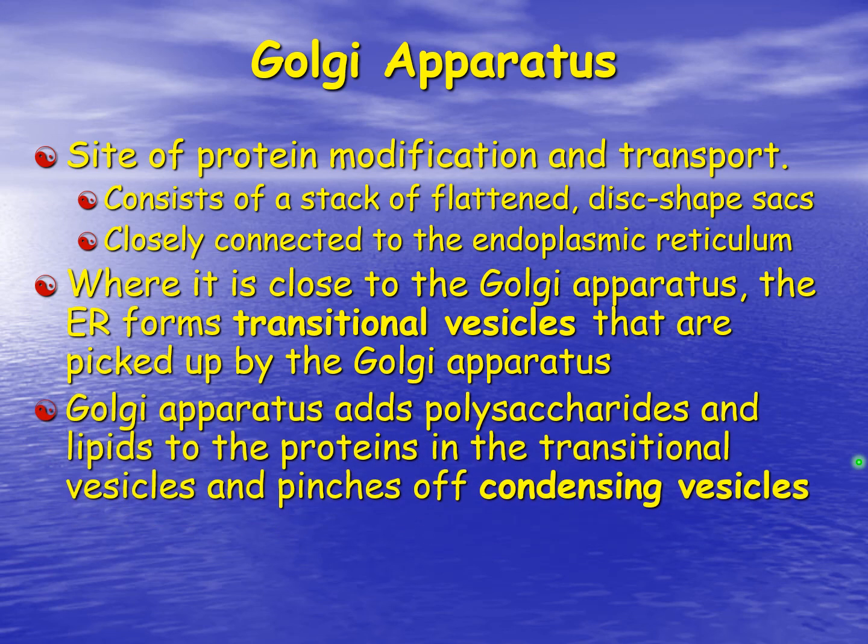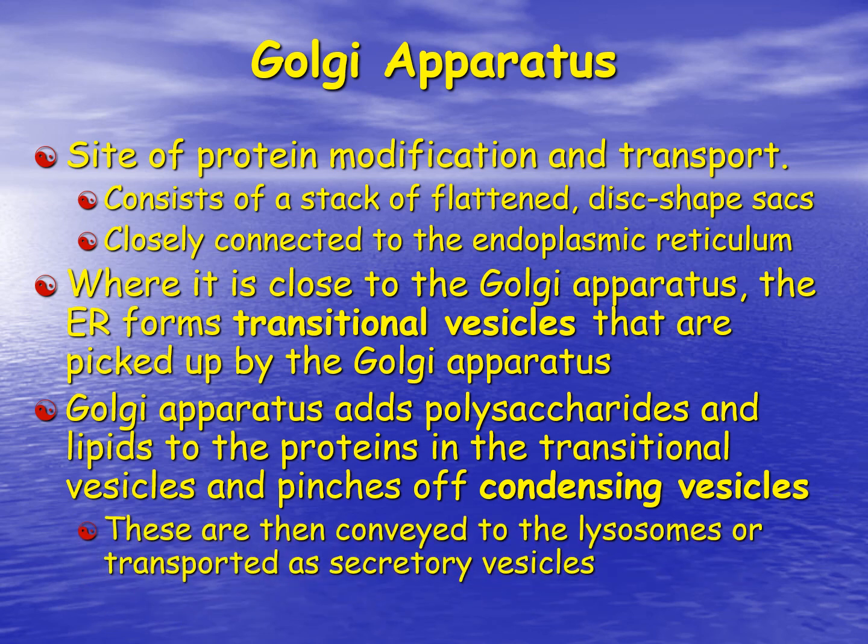The Golgi apparatus then will modify the proteins, adding maybe polysaccharides or lipids to the proteins, or modifying the protein chain of amino acids. And then these are pinched off into condensing vesicles that then are conveyed to other organelles or transported to the cell membrane as secretory vesicles.